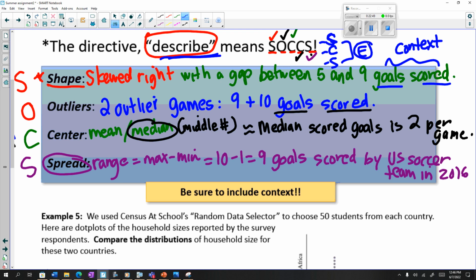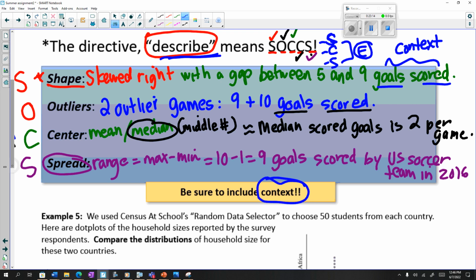If you only hit 1 out of 3, you're going to get an I for incorrect, which is a shame because even if you write one of these things correct, they're not giving you full credit, which is crazy. So again, just a note to self, describe means SOCS, and you want to hit those bullet points. If there are outliers, you want to make sure you say outliers, okay? Make sure you do it in context. Otherwise, if you just write skewed, it's like, what's it, you know?